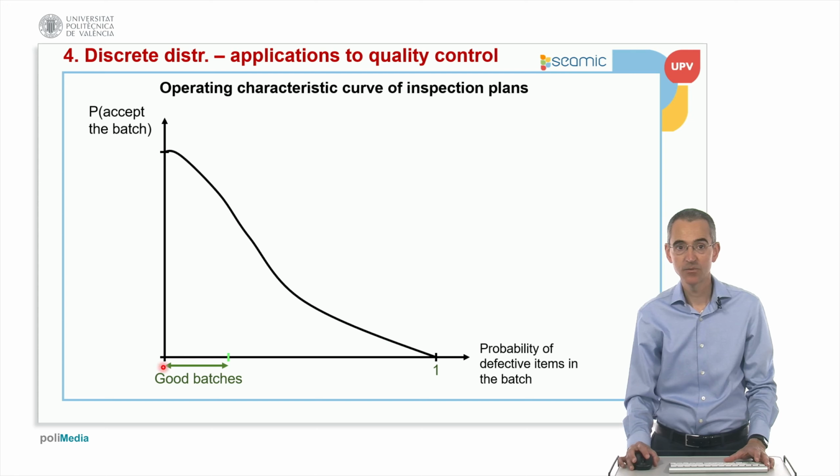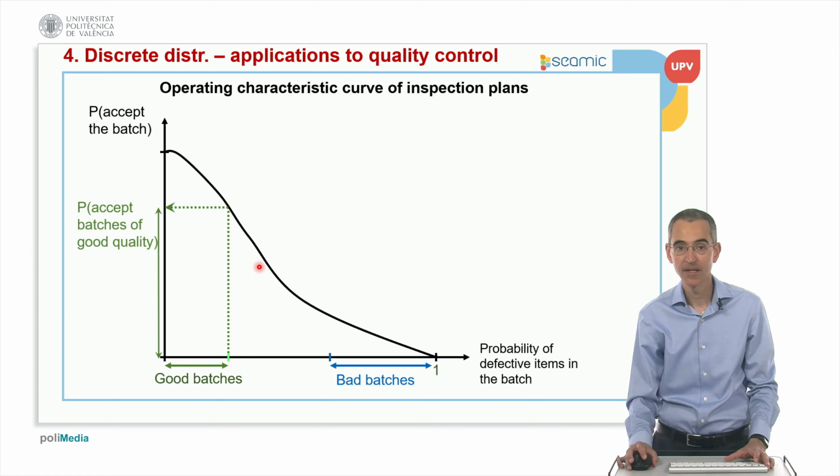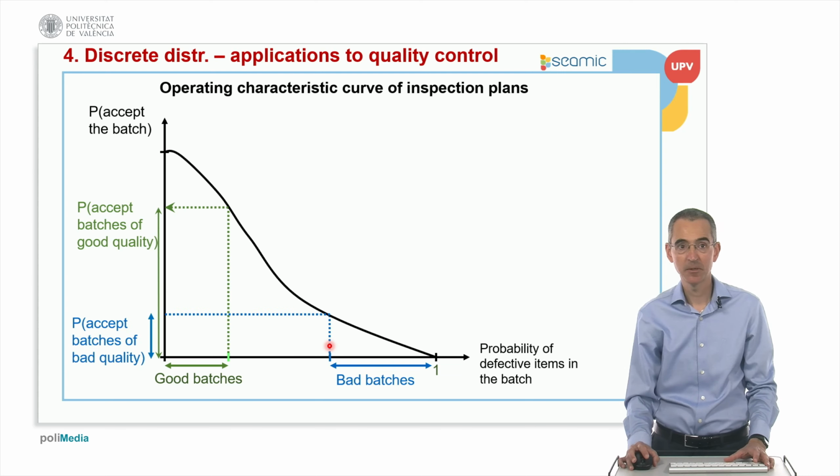This would be the range of good batches that correspond to a high probability of being accepted, the probability to accept batches of good quality, and this would be the range of bad batches, and the probability to accept batches of bad quality.